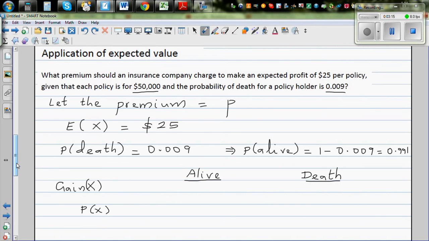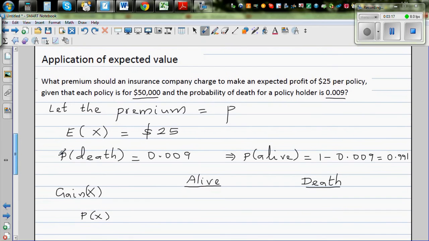If the policyholder is alive, the gain that the insurance company has would be the premium P, and the respective probability of that happening is 0.991. The other scenario is the gain would be P minus 50,000, because if the person dies, the insurance company has to pay this 50,000.